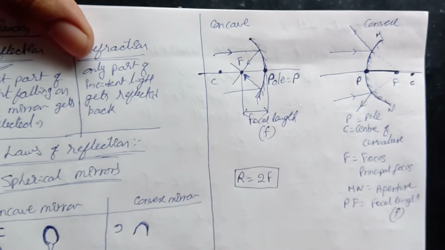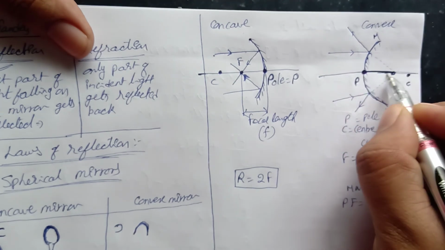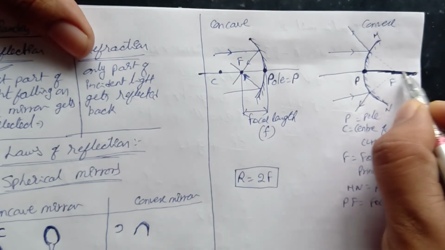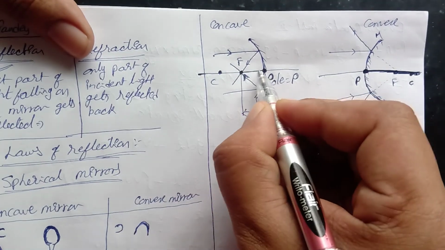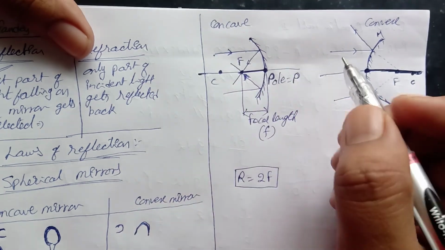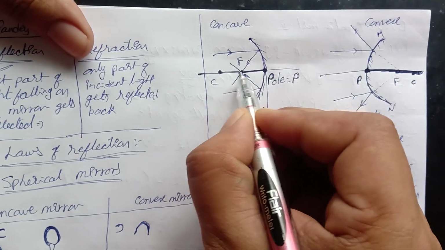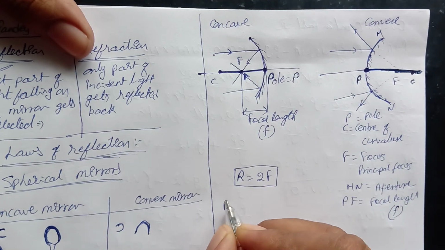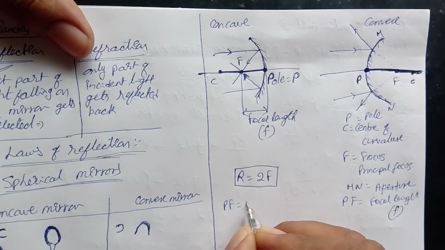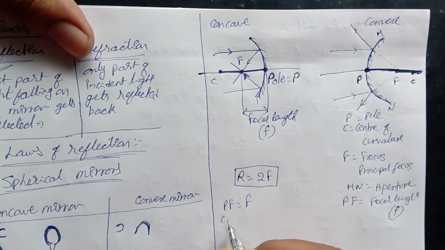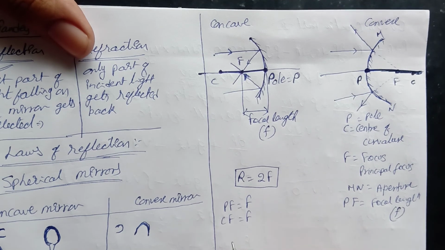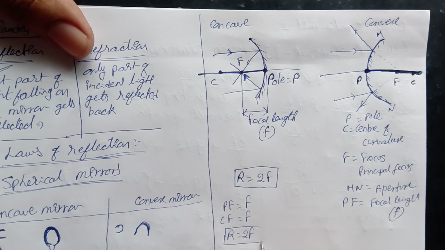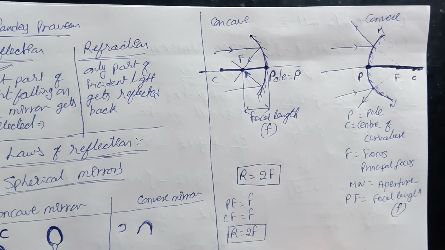This is the relation between radius and focal length f.